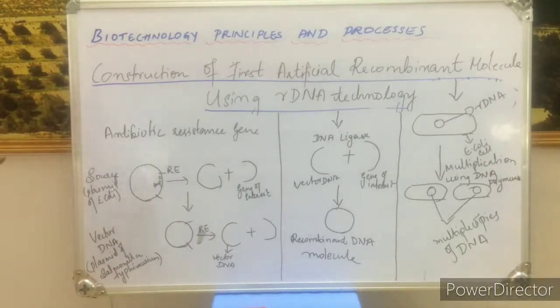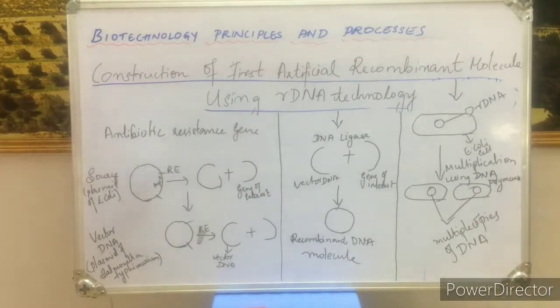The whole plasmid is made up of DNA which is circular in nature, because plasmids are extrachromosomal circular double-stranded DNA. So this is a DNA made up of nucleotides, right? Now only this particular region contains the genes coding for antibiotic resistance. Other genes code for other proteins, but our gene of interest is the antibiotic resistance gene.